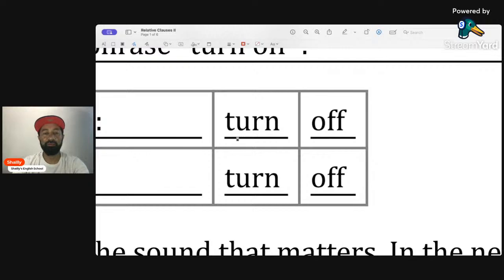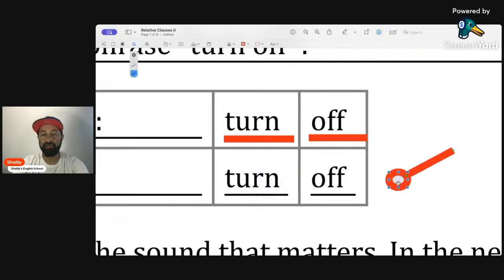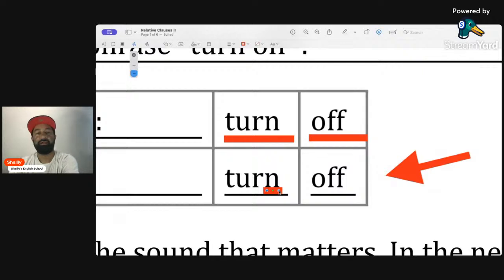So I'm going to write turn off like this. Obviously, we write it normally. Now, let's look down here at how we can pronounce it. As you can see, the last letter is an N. This is a consonant. And the first letter of the next word is a vowel. It's O. So we want to link these two words together.